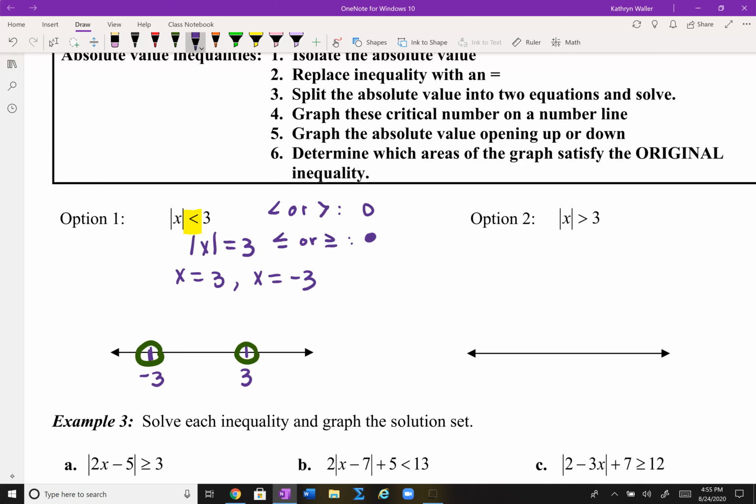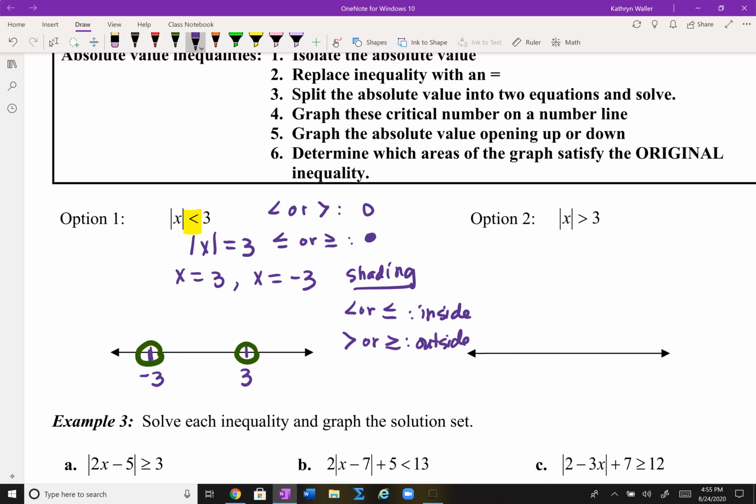So I want you to write the word right here, shading. And if it is a less than or a less than or equal to, I want you to remember that you shade the inside, okay? If it's a greater than or a greater than or equal to, I want you to remember that you shade the outside. And here's how you can remember.